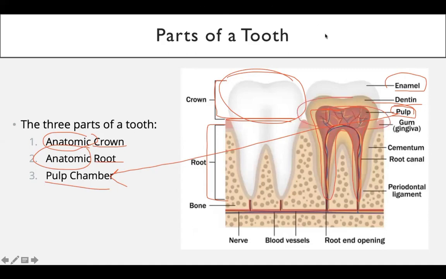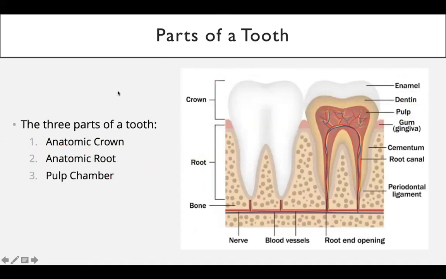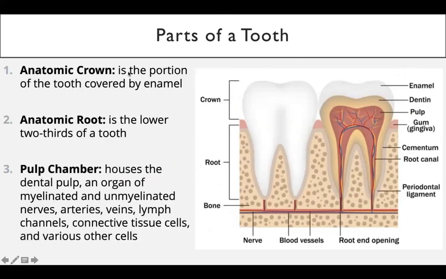Okay, no problem. Parts of tooth. 3 parts of a tooth: anatomic crown, anatomic root, pulp chamber. Anatomic crown is the portion of the tooth covered by enamel, can be seen, visible. Anatomic root is the lower 2/3 of the tooth.